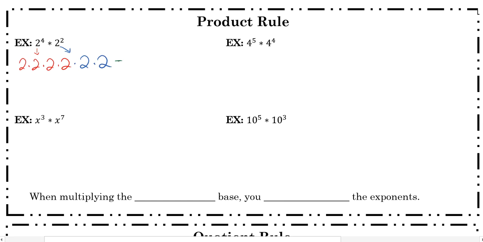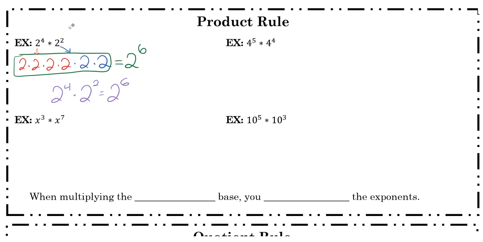So if I simplify that and I want to reduce this back into exponents, I see that I have a base of 2 multiplied by itself 6 times. So we would say 2 to the 4th times 2 to the 2nd is equal to 2 to the 6th.